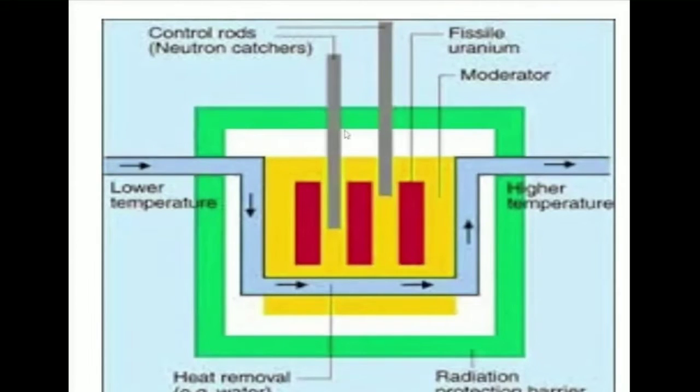Then control rods are there, accessible from outside. Then the moderator is provided inside the chamber. Then there is a coolant circulation in order to collect the heat from the reactor vessel.